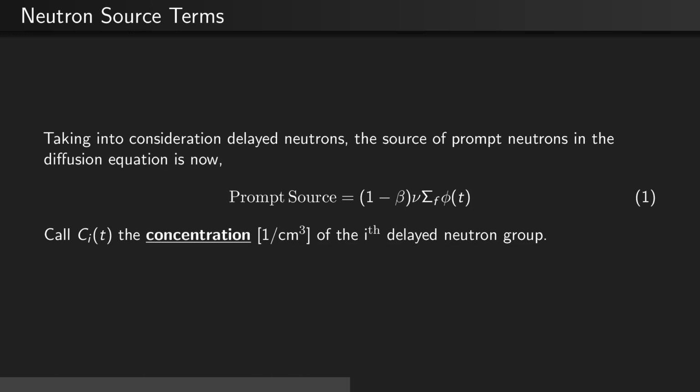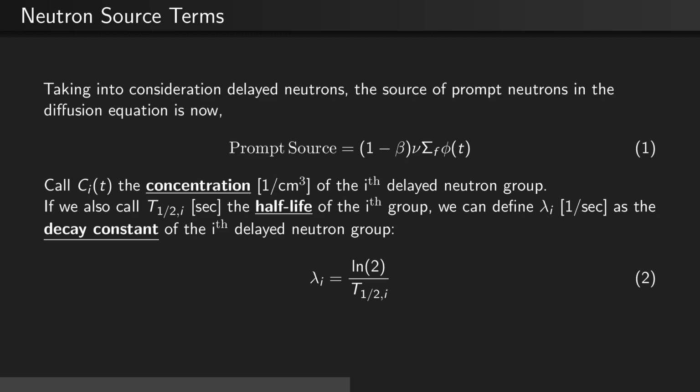Taking into consideration delayed neutrons, the source of prompt neutrons in the diffusion equation is now represented by 1 minus the delayed neutron fraction times nu sigma f times the flux. Call C sub i of t the concentration, in units of 1 over centimeters cubed, of the ith delayed neutron group.